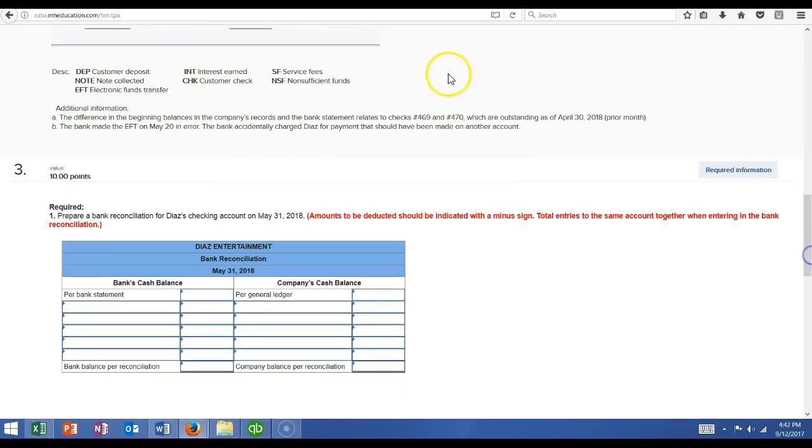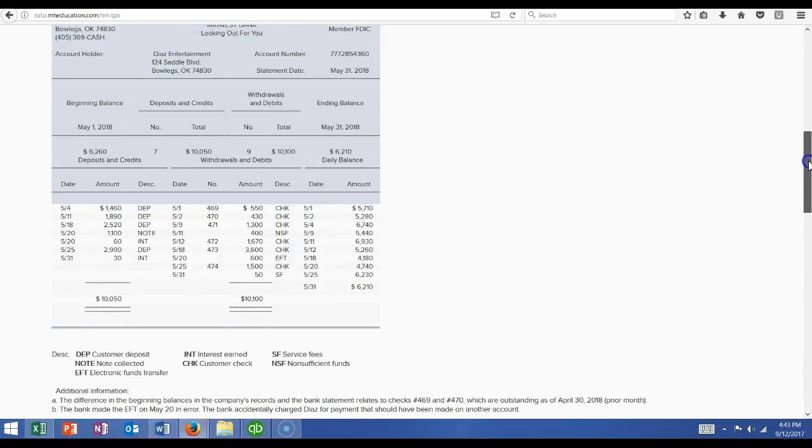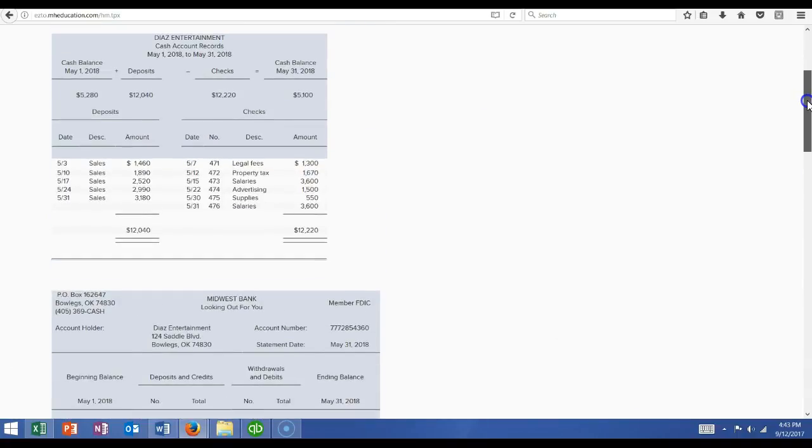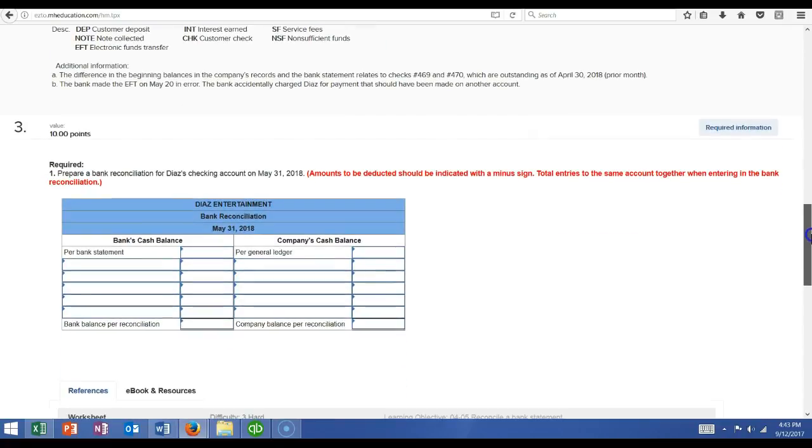And then we have some more information telling us the difference in the beginning balance in the company's records and the bank statement relates to checks 469 and 470, which were outstanding as of April 30th, 2018, in the prior month. Well, for purposes of us reconciling the May statement, we really don't need that, since those have gone through the bank account here, and we don't see them up in our general ledger.